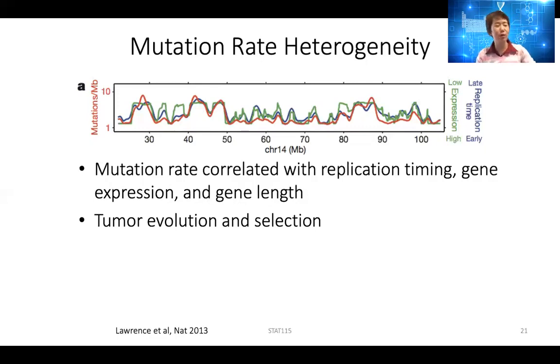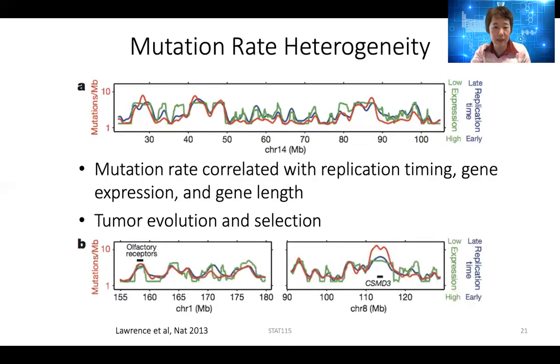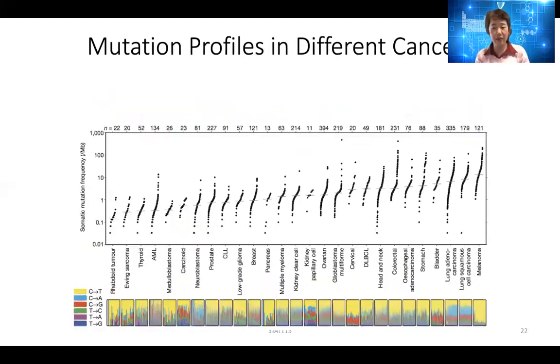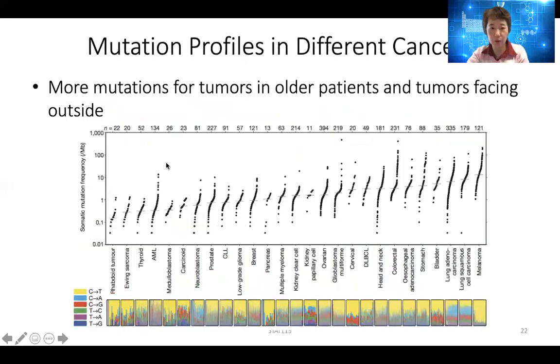It's only in regions that are epigenetically silent, with not many genes expressed and no good repair system, that they get mutated a lot more. And so with this, you can figure out whether mutations happen a lot or not. When you look at this profile, which we also saw on Tuesday, one interesting observation is that cancer types that appear in children are less likely to have a lot of mutations.